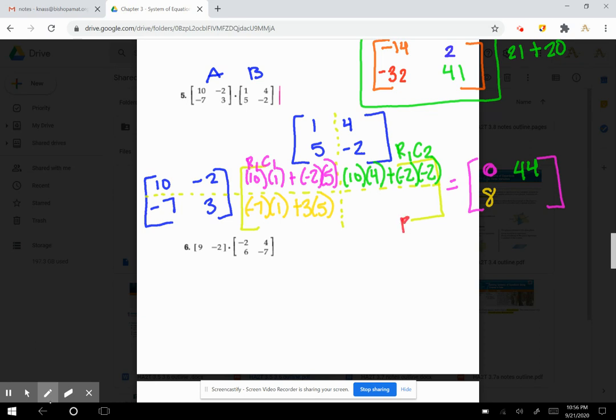Again, that's row 2, column 2. Bottom right, so first times the first, -7 times 4, plus 3 times -2. This gets you a -28. So -28 minus 6 is a -34.